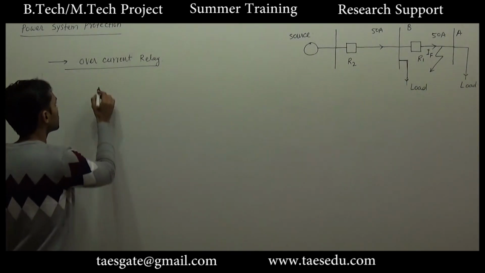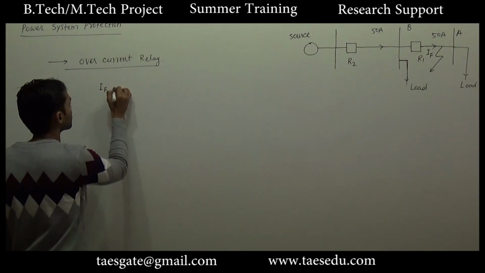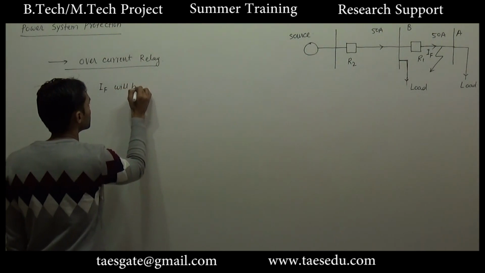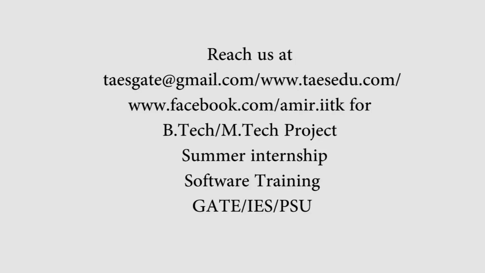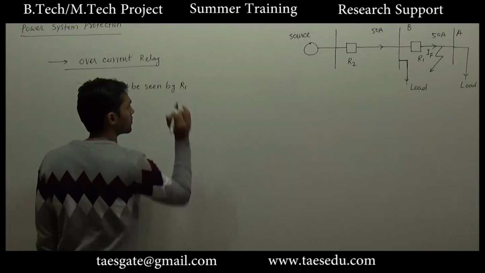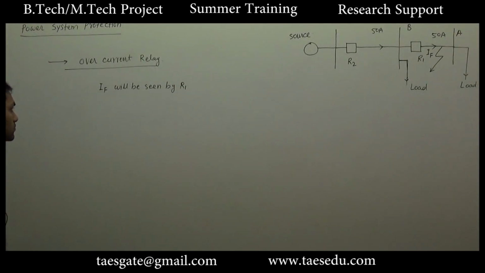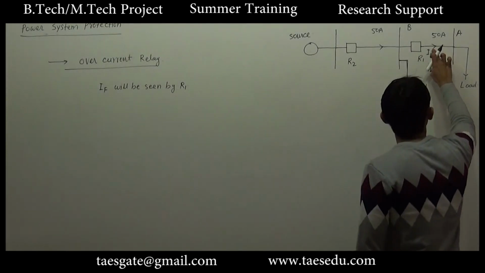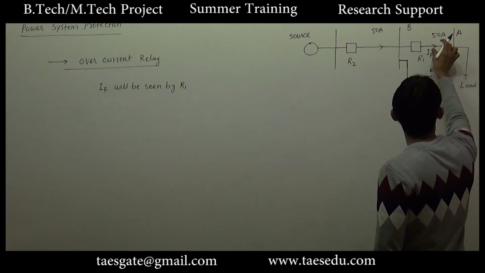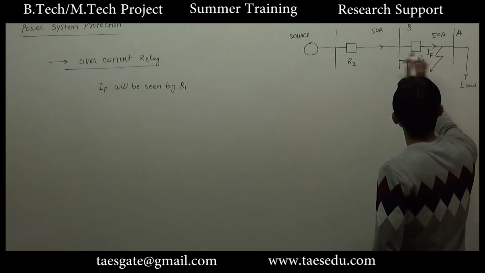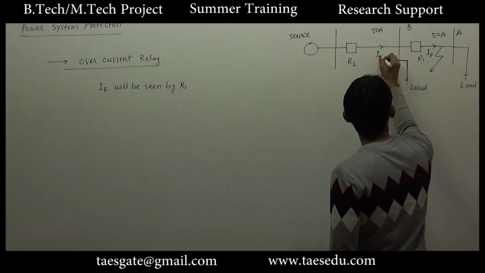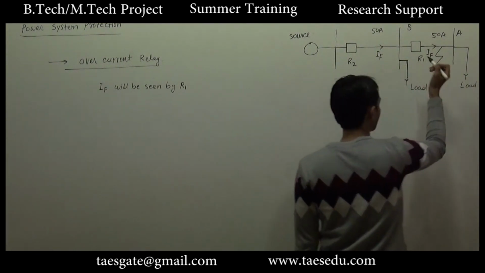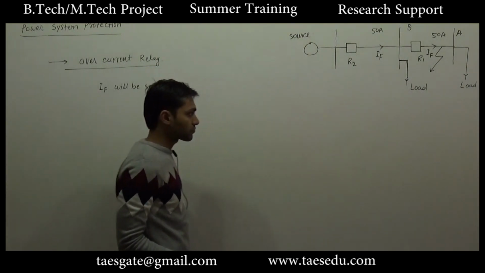So the fault current IF will be seen by relay 1. Whatever fault current is passing through R1, the same current may pass through R2 also if relay 1 does not operate.